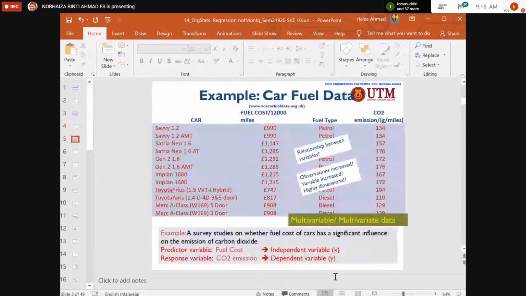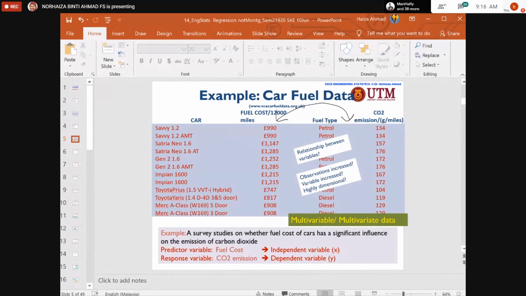Okay, all right. Since you already know which one is the independent and dependent variable, looking at this, referring to this data, are you able to describe the relationship between these two variables? Since we know which one is independent, can you describe to me the relationship between this car fuel data, between fuel cost and CO2?